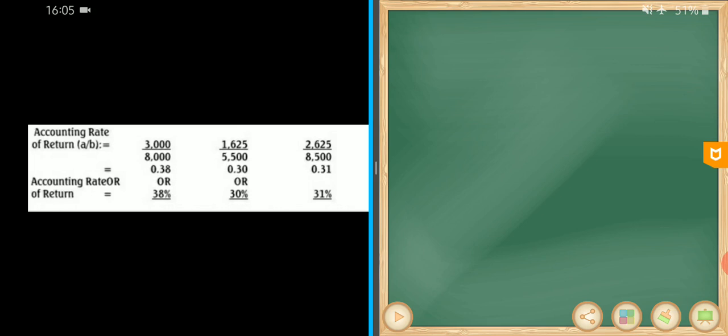So this is the same way we solve for project X1, is the same way we solve for project X2, and we solve for project X3. And as you can see, we have 38%, 30%, and 31% respectively. So you are going to advise the local government to invest in project X1 because it has the highest accounting rate of return.